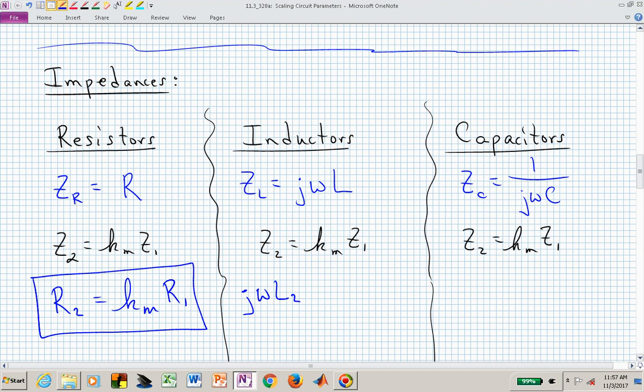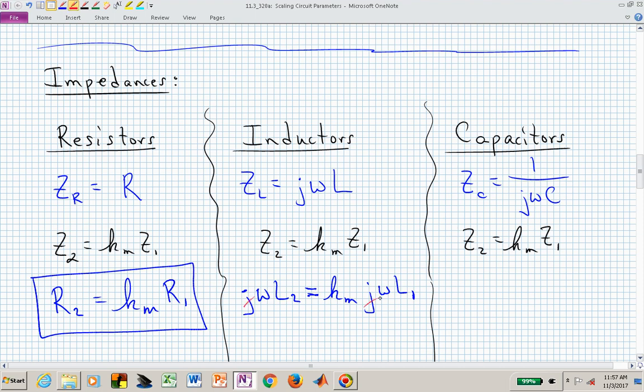And we want that to equal this magnitude scaled impedance Z sub 1, or the old impedance. So we now have k sub m times j omega L sub 1. And now we can start canceling some of the common terms or factors on the left and right.